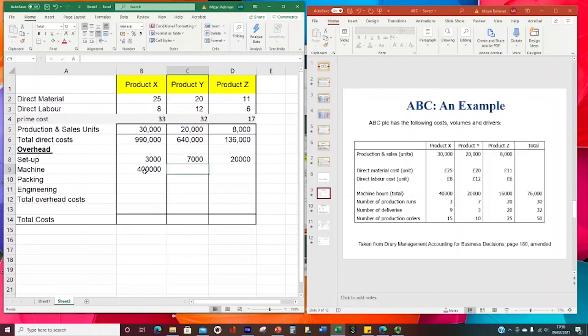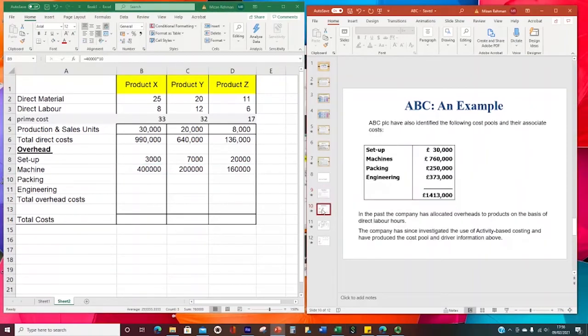Y cost 20,000 machine hours times 10. And Z costs 16,000 machine hours times 10. So the cost of the machining has been distributed as well. Again, I'm going to do a double check, and that gives us 760,000, and the cost of machining was 760,000.